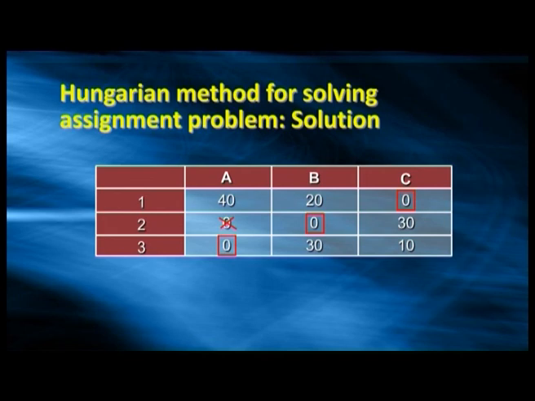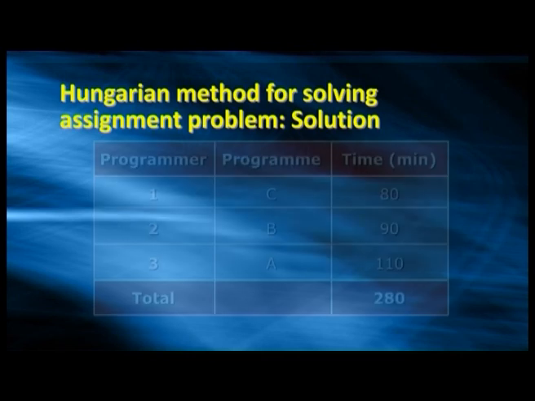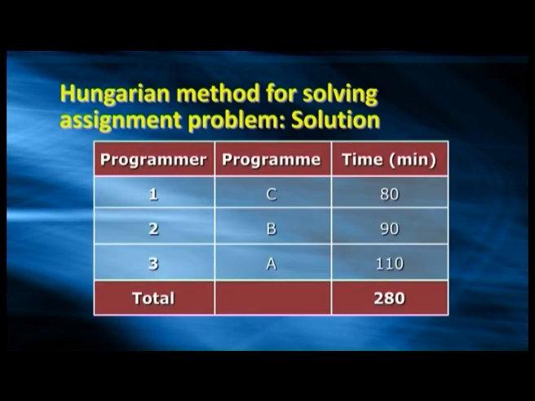There is one 0 in column B, in the cell 2B. Assign this cell as shown in the table. Since the number of assignments is equal to 3, which equals the number of rows, the optimal solution is obtained. The pattern of assignments among the programmers and programs with their respective time is given in this table.